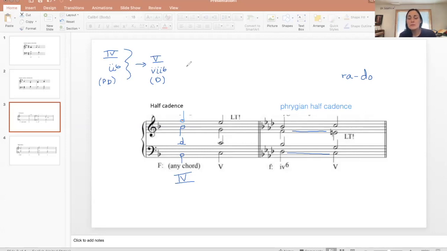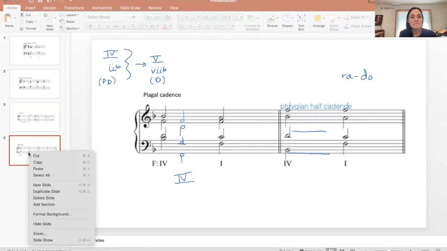Okay, so that's something to keep in mind too. And it's very specific. So again, usually in minor mode, almost always it's a 4 to a 5 in minor, and it's the 4/6 so that we get that motion in the bass. That's that half step. Okay, so that's a little bit of a special cadence, and I think kind of a favorite of certain composers that we'll see as we're analyzing here.